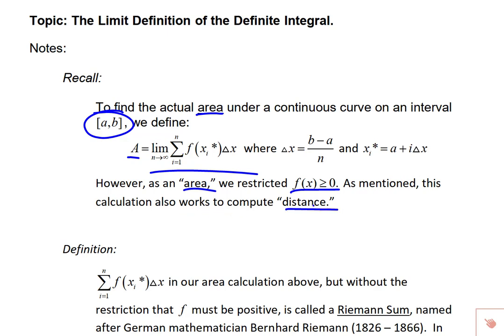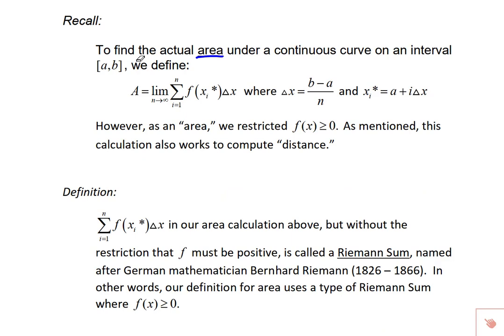We mentioned that distance is really rate times time, which is kind of like a base times height, and you can use the same setup with this limit to calculate distance as well. Let's now add a definition in the mix. The sum that we were just using within our limit is the sum from i equals 1 to n of f of x sub i star times delta x.